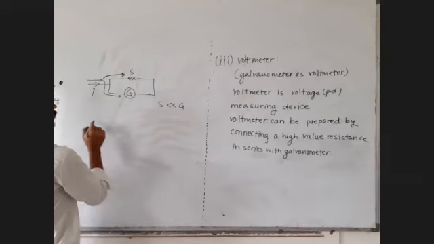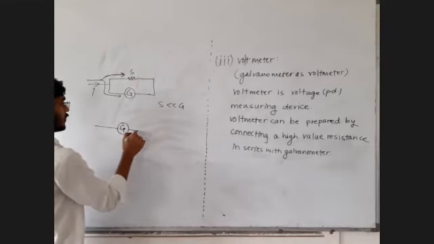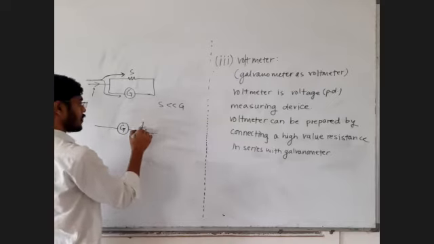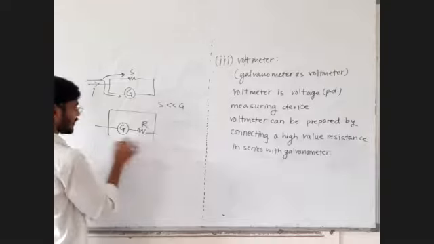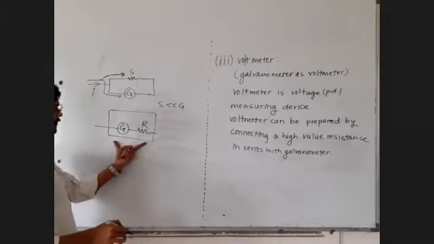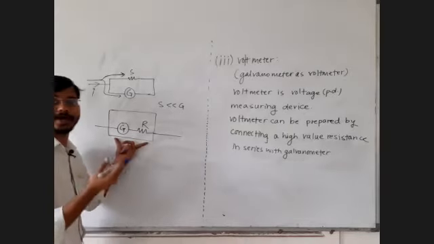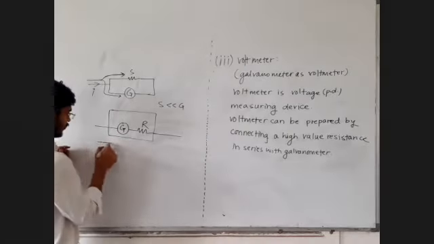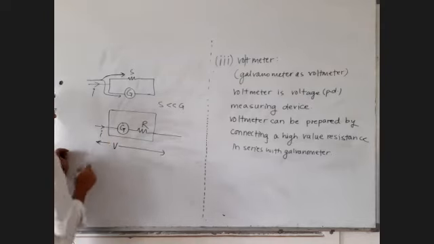But in case of voltmeter, if this is the galvanometer, you connect a very high value of resistance so that effectively you increase the resistance of this branch. If the resistance of the branch increases, then for applied potential difference, current in the branch decreases.